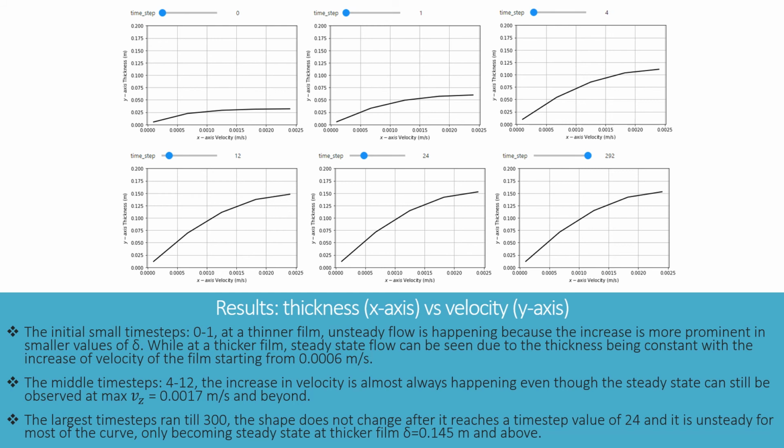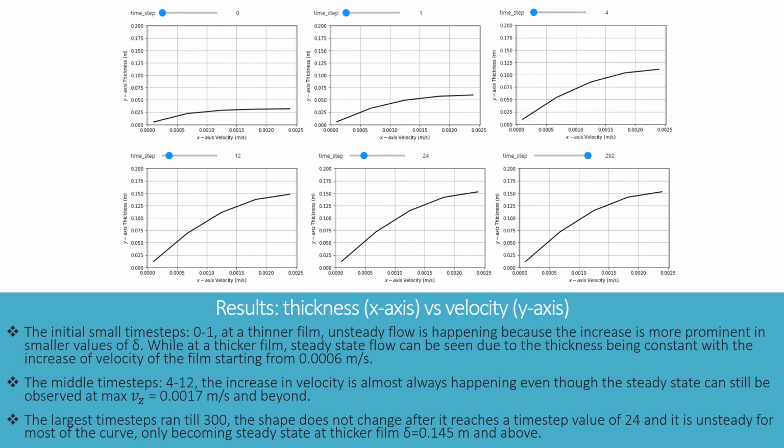Now for the middle time steps, the increase in velocity is almost always happening with the thickness, even though the steady state can be observed at the maximum velocity Vz 0.0017 meter per second and beyond.